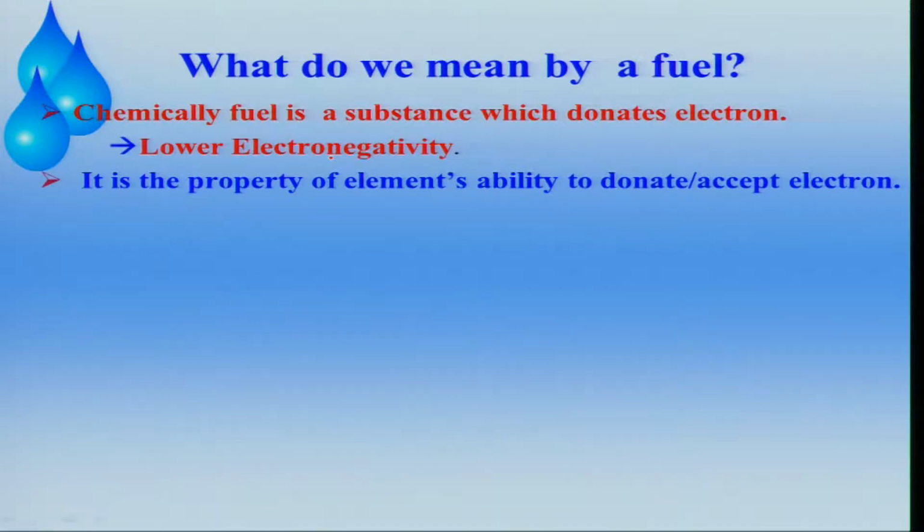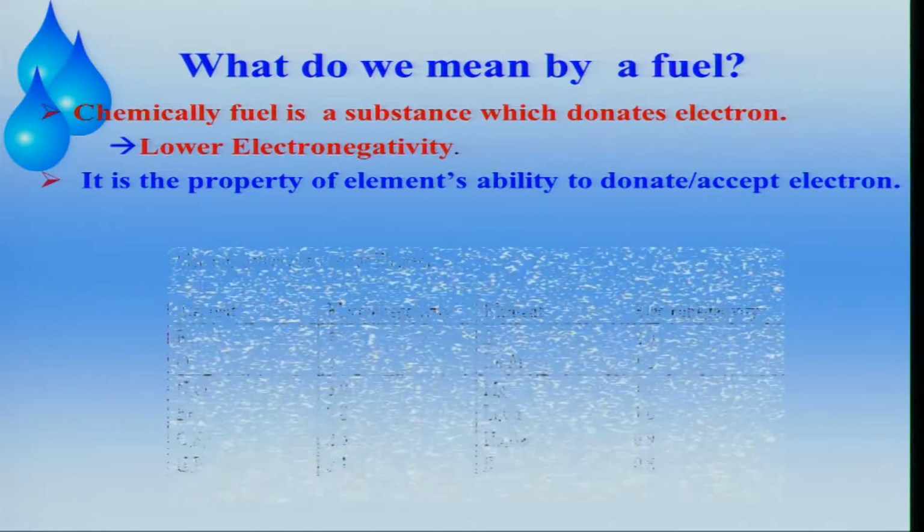In other words, it says to what extent the electrons of an atom in a molecule can be attracted to itself or repelled from it. That will be the electronegativity.